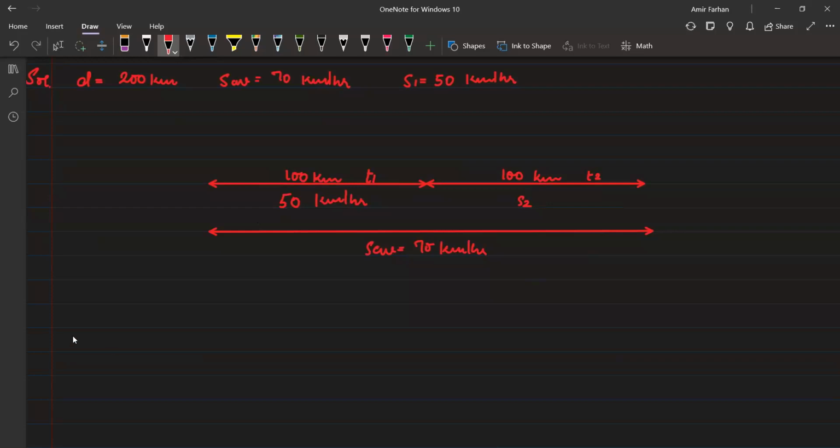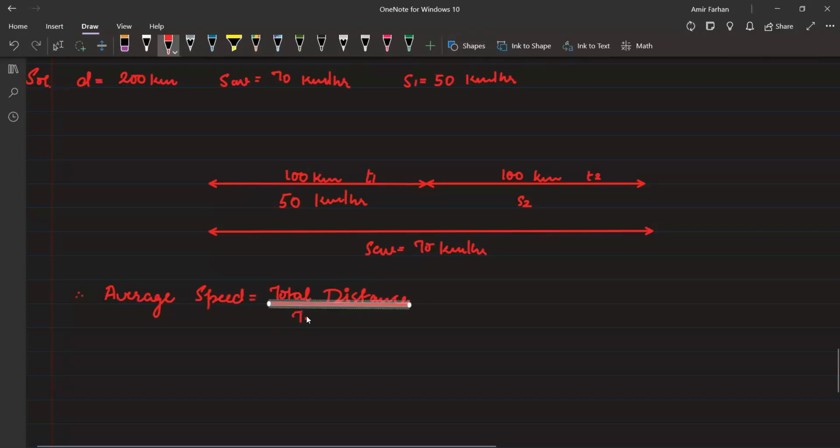Average speed is equal to total distance by total time, yes or no?